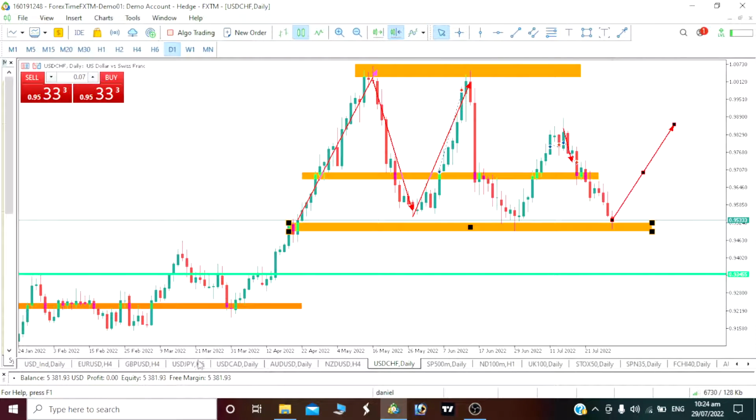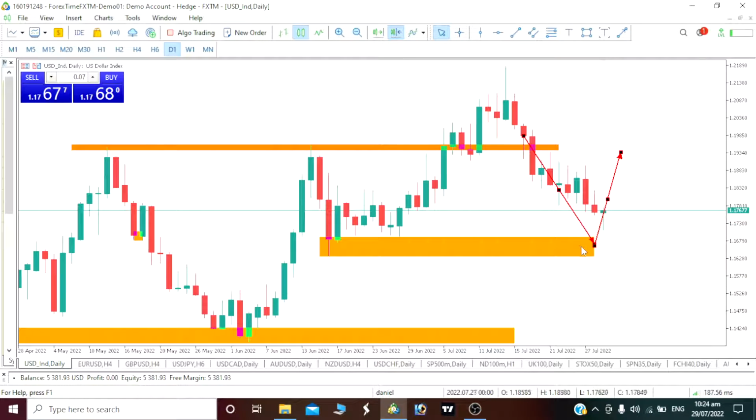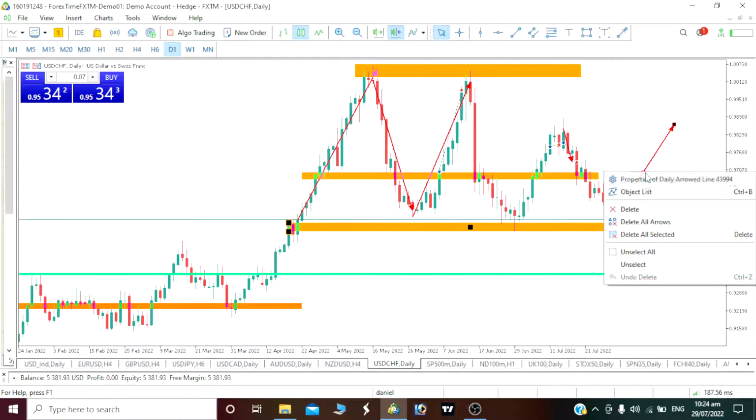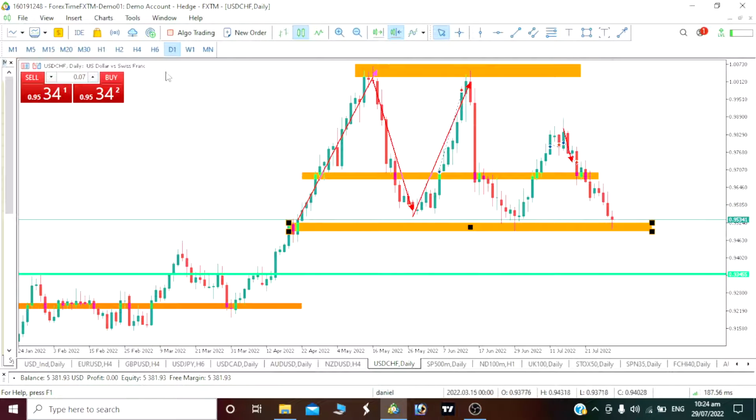By the way, our USD index will soon start giving us that bullish move, as we can see it is about to hit this key level area. Sooner or later, our USD index will start running, giving us that bullish move, higher highs, higher lows, higher highs, higher lows. By that time, we will be seeing those higher highs and higher lows on our USD Swiss franc. So keep that in mind.